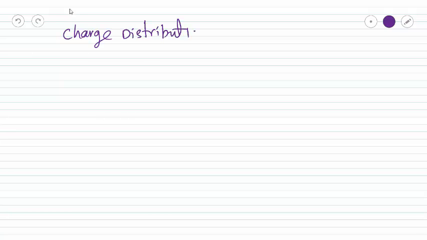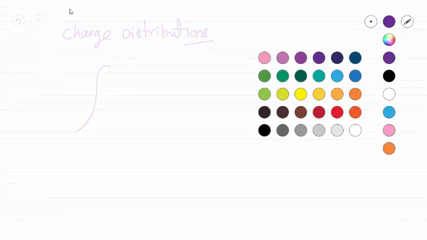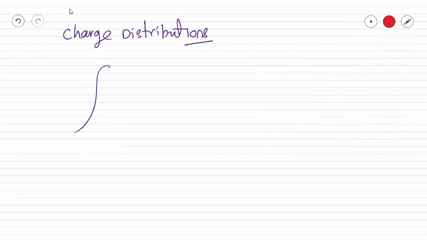Let us say this is some line, and consider that charge is distributed evenly. Some positive charge is distributed evenly on this line, let us say from A to B. Now the charge is distributed evenly on this line or curve. This is what we call a line charge.